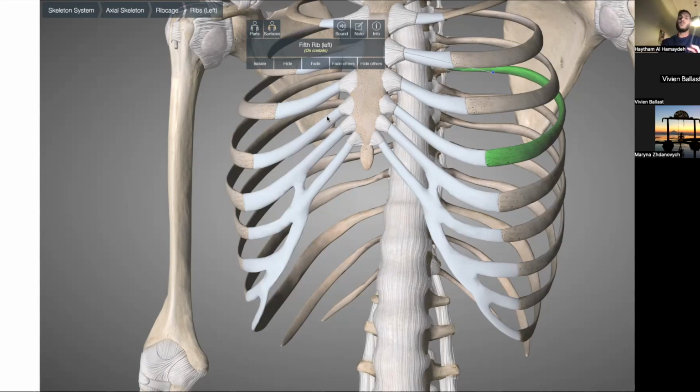So always when you are answering Zelinsky, start with very general ideas: flat bone, major part of the thoracic cage, articulates posteriorly with thoracic vertebrae, articulates anteriorly with the costal cartilages. Now he knows you have a lot of info.